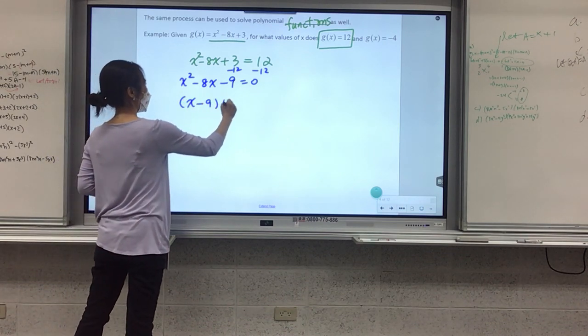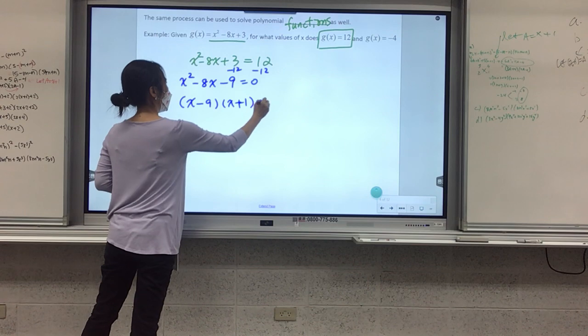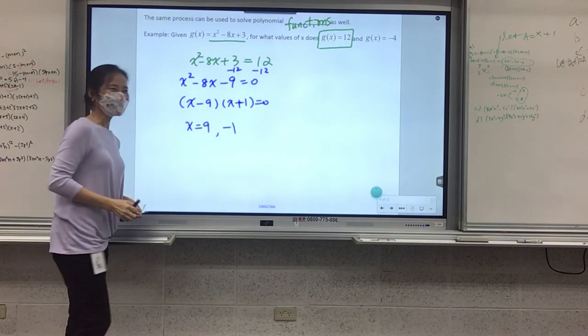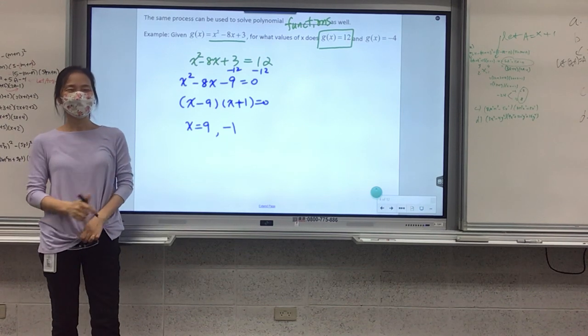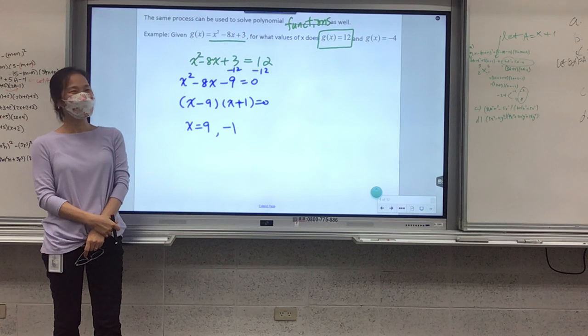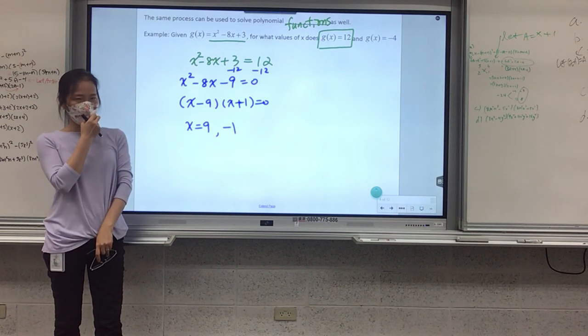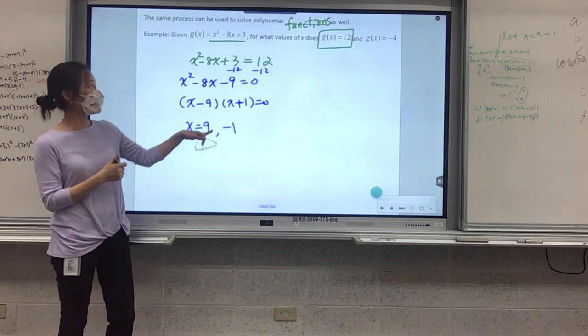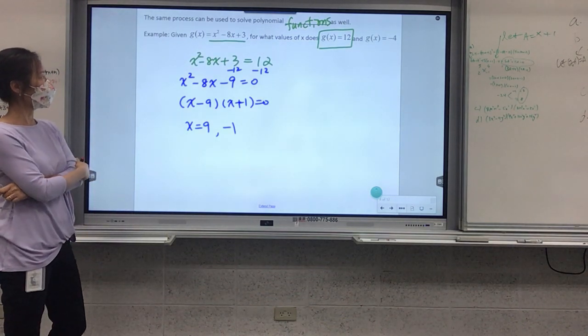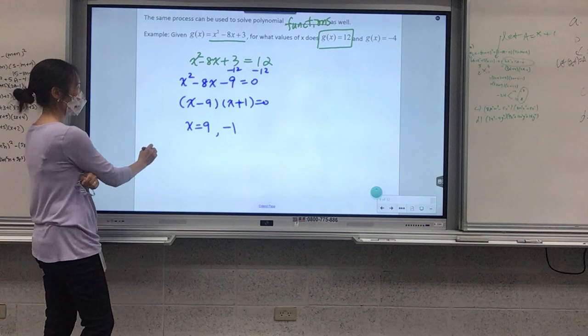Negative 1 plus 1. So these two values are supposed to satisfy the equation.